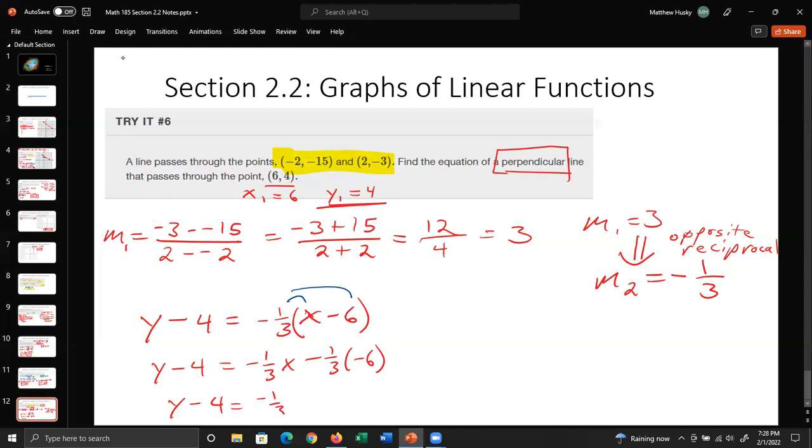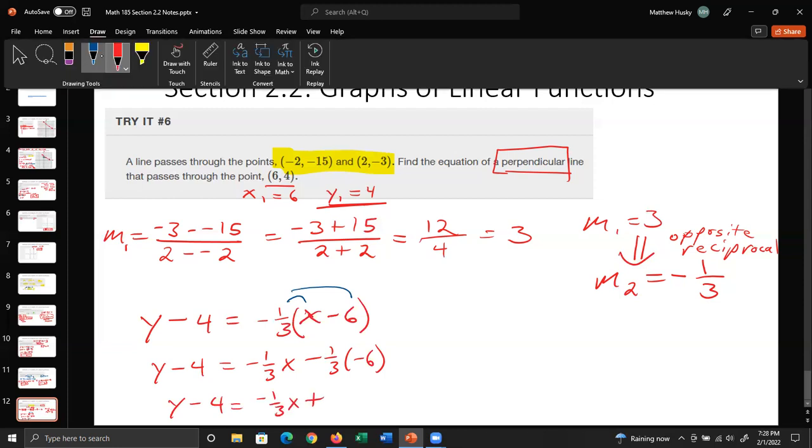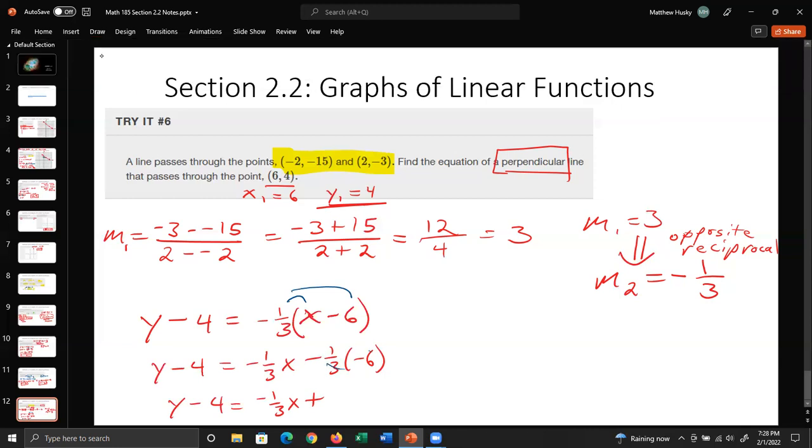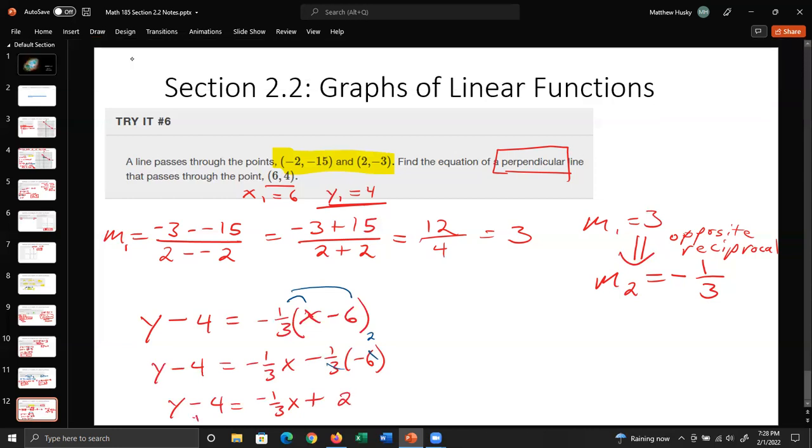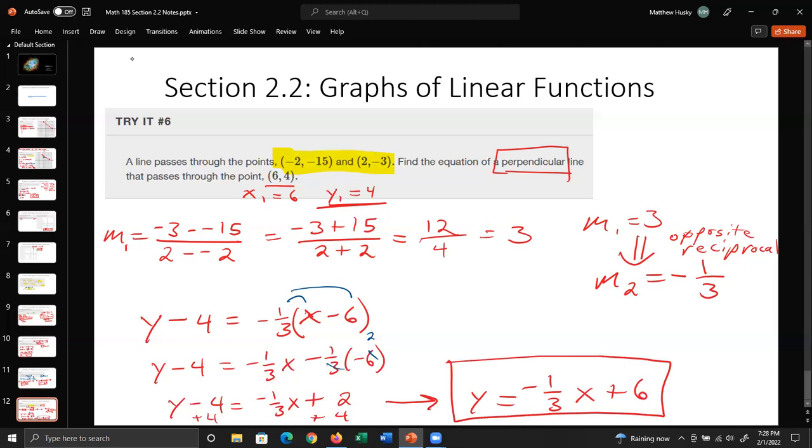That will give you a positive. The 6 will divide the 3 and leave you with 2. 1 times 2 is 2. And then we will add 4 right here. So when all is said and done, we obtain y equals -1/3 x plus 6. So there is that one for us.